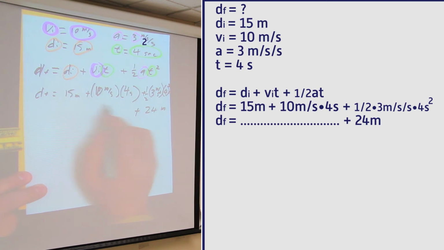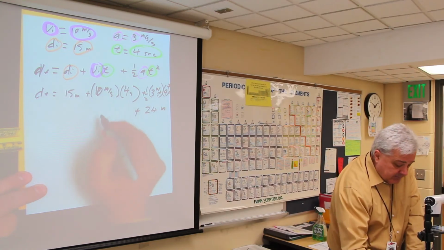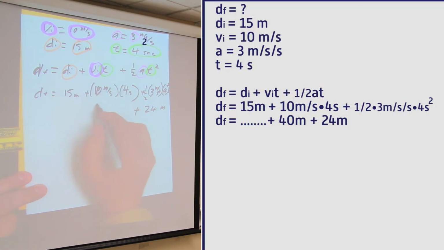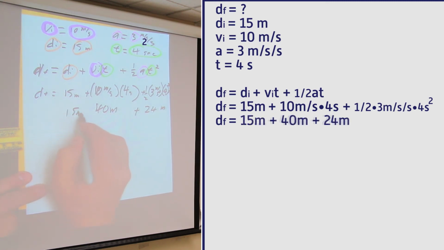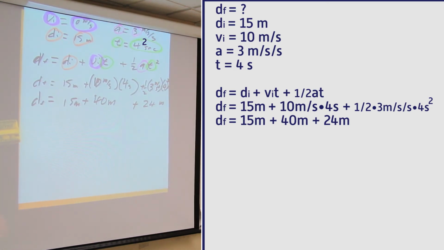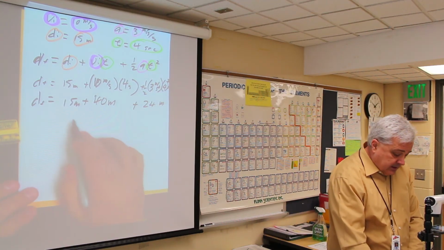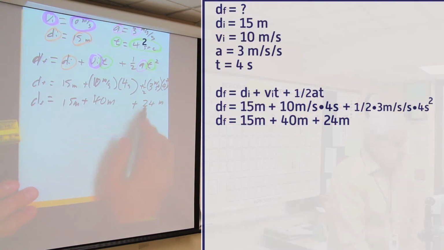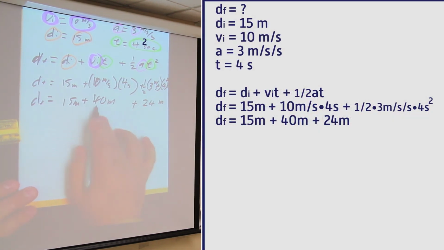Here, I have 10 times 4 is 40. The seconds are going to cancel, and it's going to leave me with 40 meters. And here I have 15 meters, and that is equal to our final distance. So 15 plus 40 is 55. 55 plus 24 is 79.